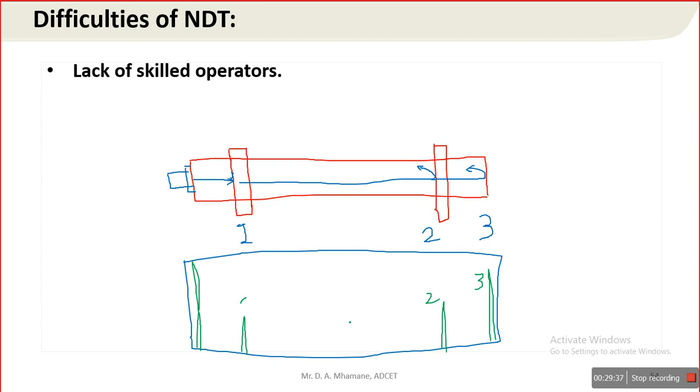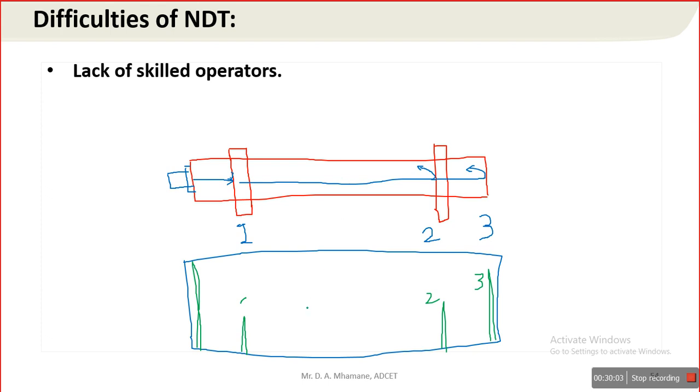So there is a main role for the inspector. He should interpret that this echo comes from the first bearing location, the second echo comes from the second bearing location, and the third echo comes from the back wall, the extreme end of the shaft. So there is no flaw present in the component or shaft. So this is the example.